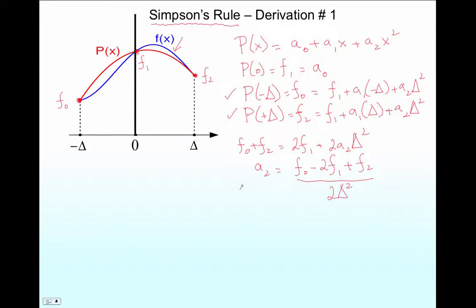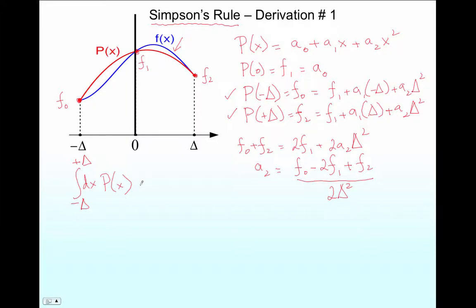Now, let's ask what is the integral from minus delta to plus delta of p of x. And of course, the hope is that this area which is under the red curve will not be too different from that under the blue curve.